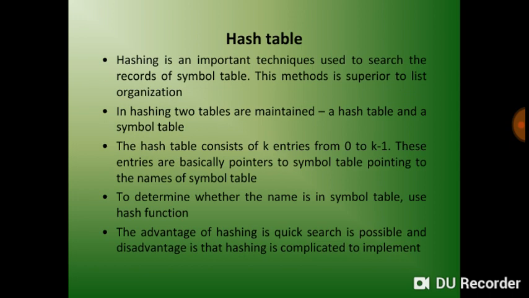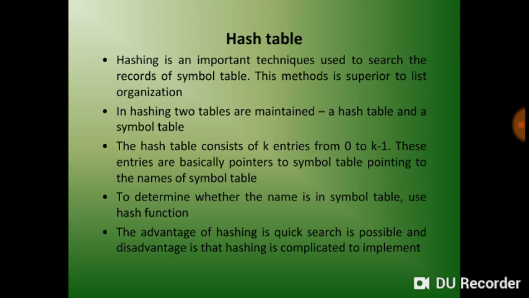Hash table. The hash table is an important technique used to search records of the symbol table. This method is superior to list organization. In hashing, two tables are maintained: a hash table and a symbol table. The hash table consists of k entries from 0 to k minus 1.